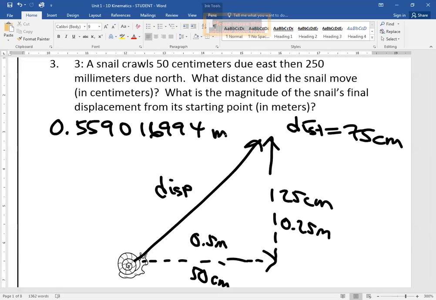Okay, so this is what my calculator said. The calculator clearly is giving me accurate information. However, the answer should not be that. I should be obeying significant digit rules, at least reasonably, right? So if I were to apply significant digit rules, this answer should be 0.56.